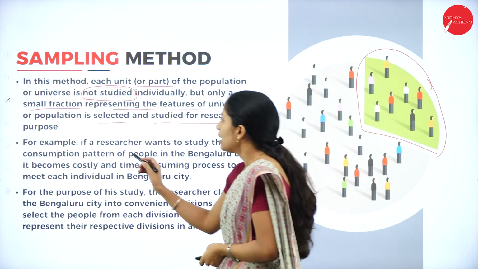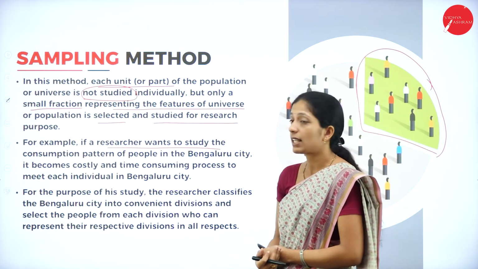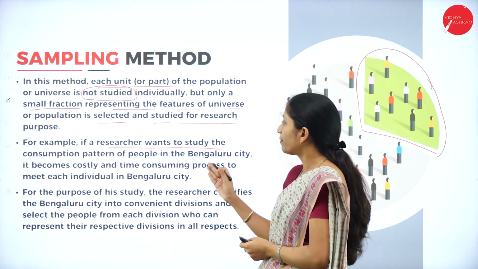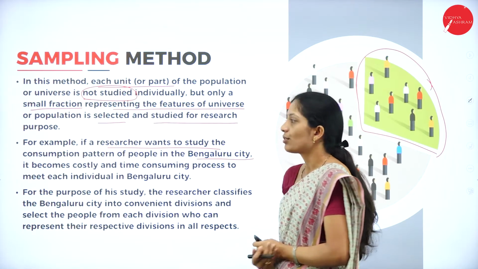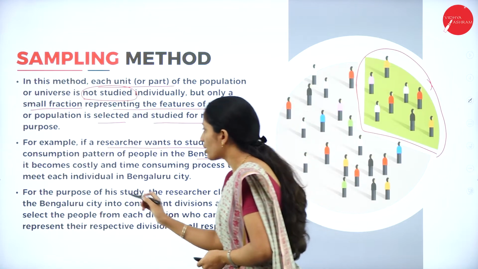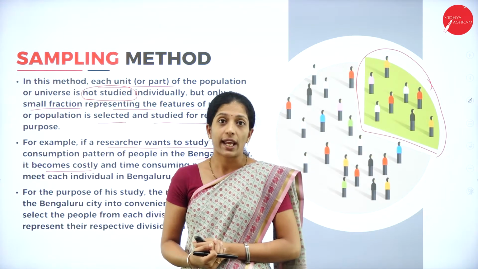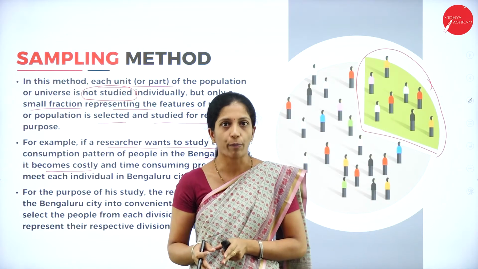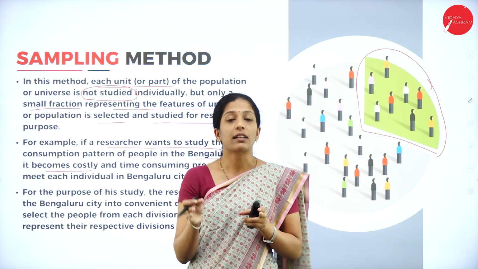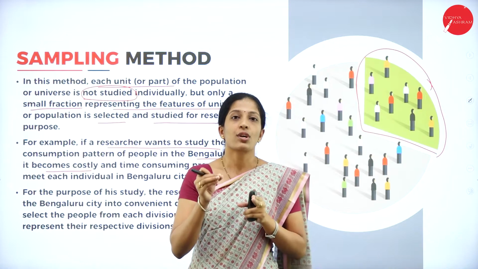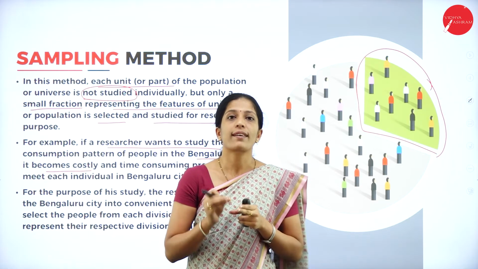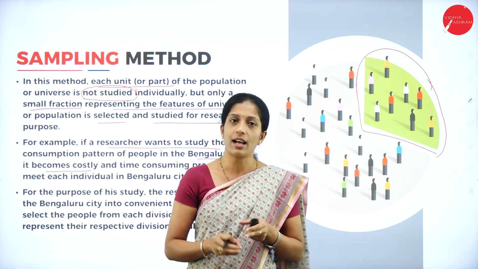For example, if the researcher wants to study the consumption pattern of people in Bengaluru city, it becomes costly. So what are they going to do? If they take Bangalore city as the population, it is very difficult for them to contact each and every individual in Bangalore.